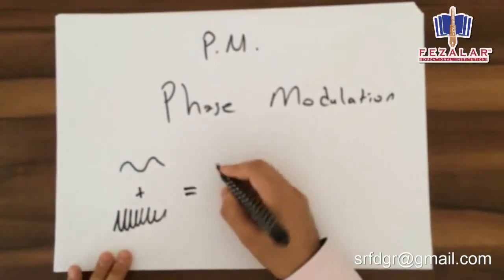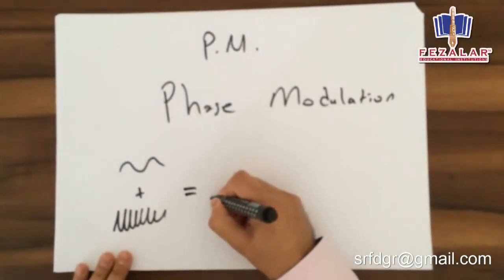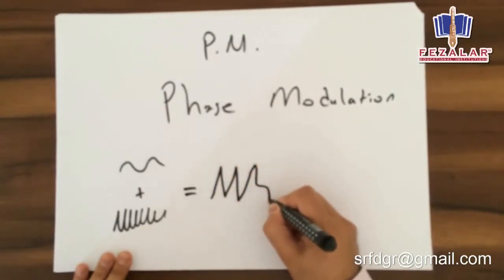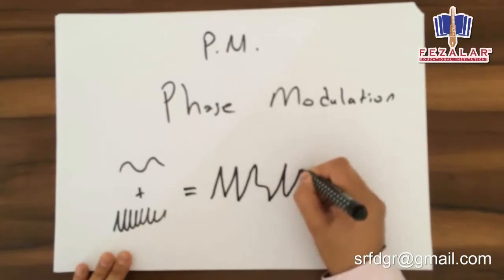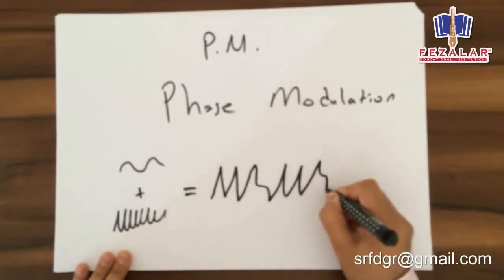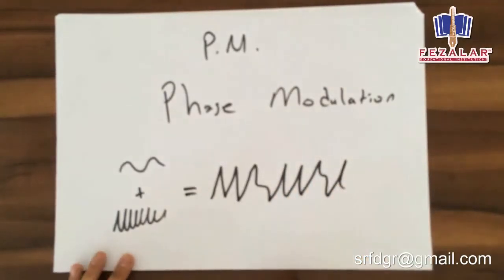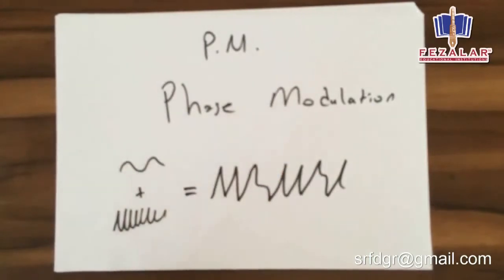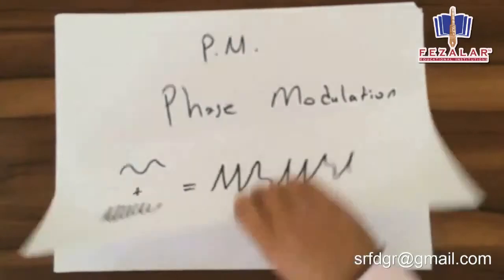At the end, we have a wave like that with different frequency and amplitude. The change in amplitude of the radio wave changes the phase of the resultant wave, and this is called phase modulation.